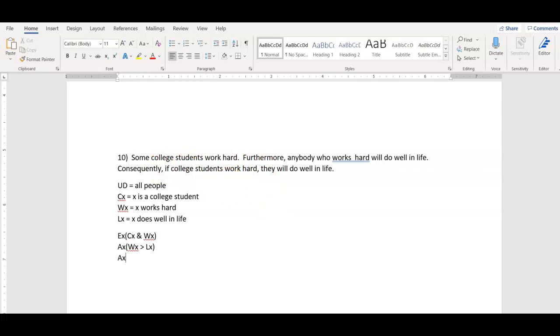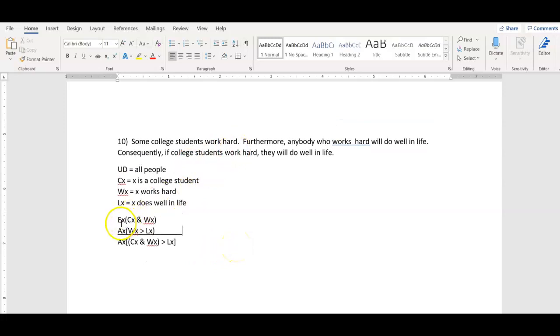So for all X, if X is a college student and X works hard, then they'll do well in life. Put brackets around that. Okay, don't forget to separate your premises from your conclusion, and that's it.